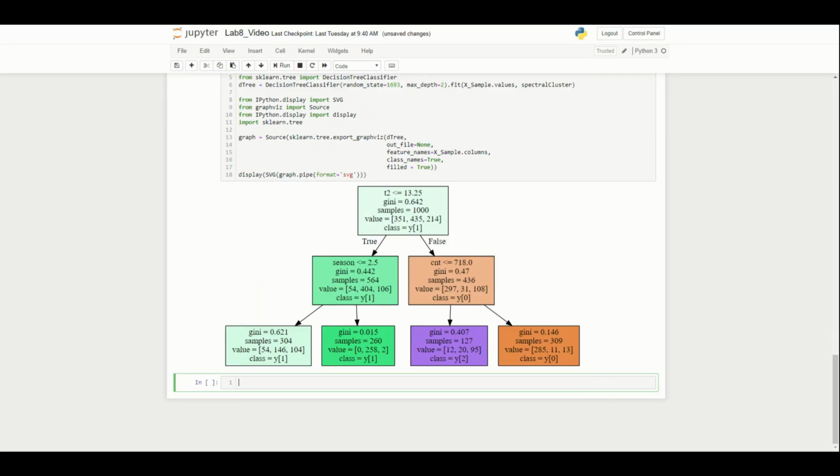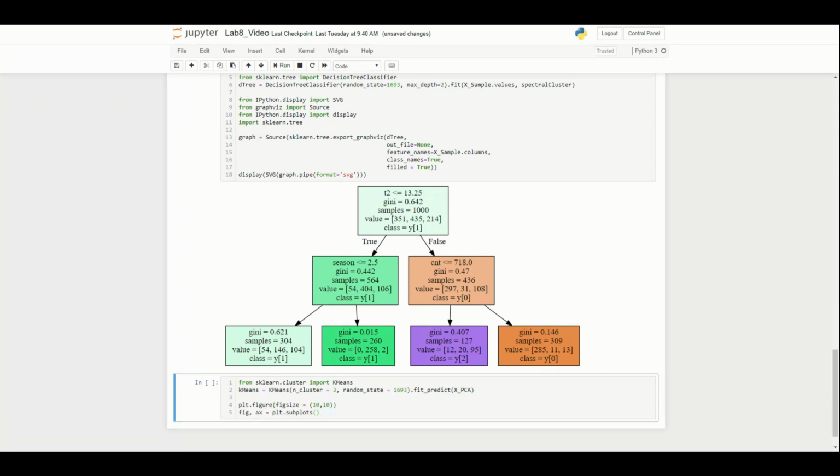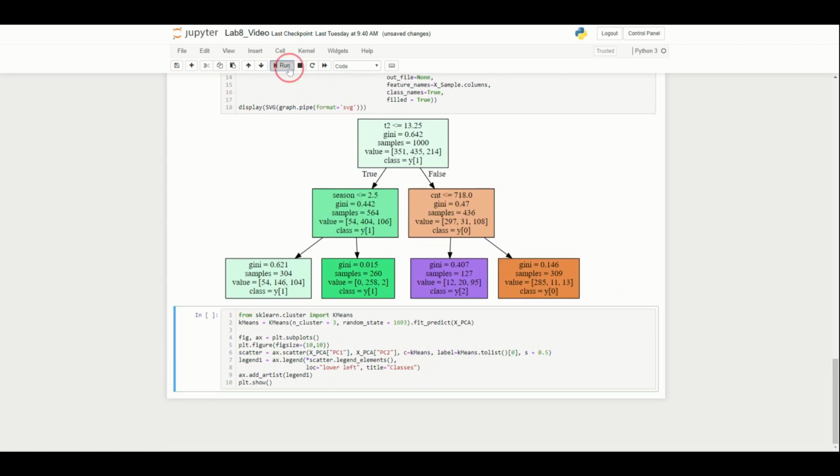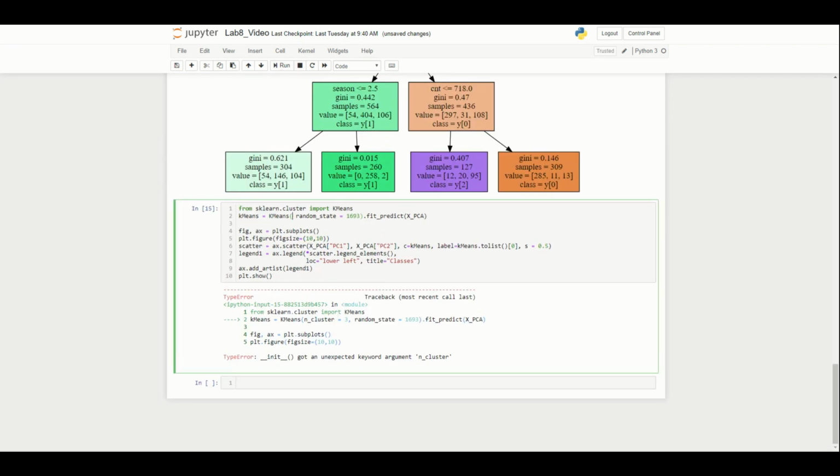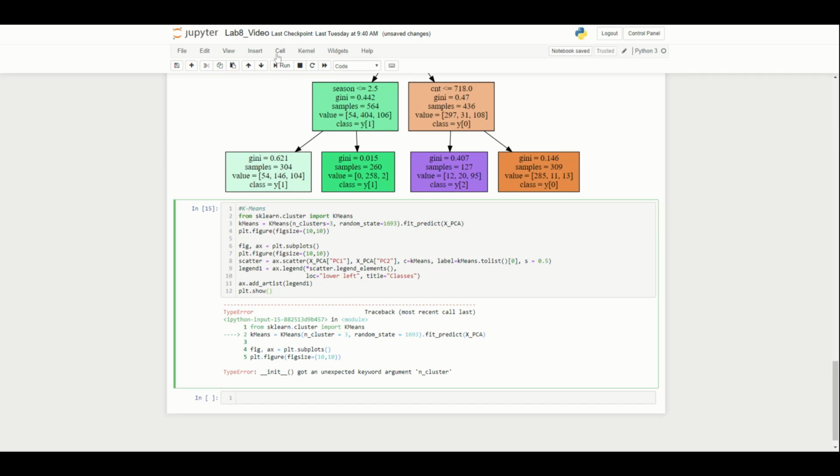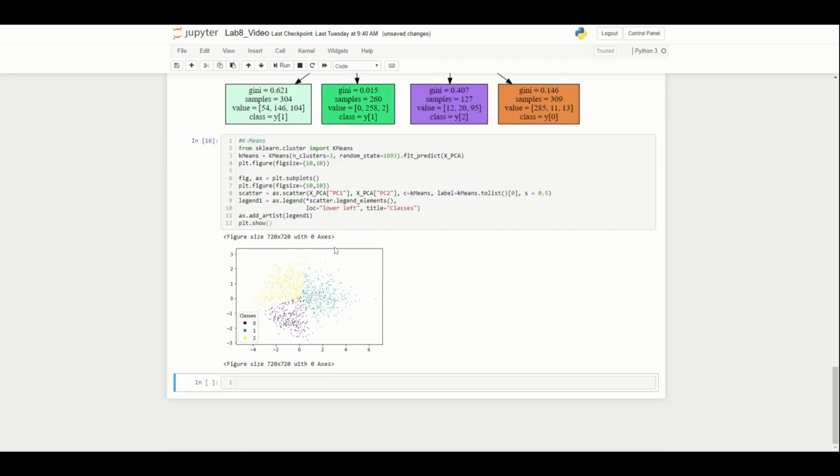So first, let's do a k-means cluster. This is the k-means approach.